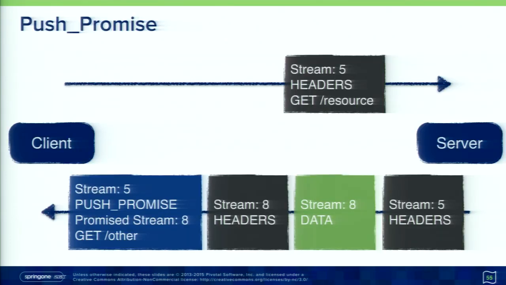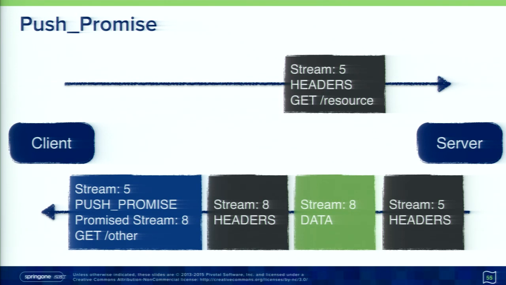So HTTP2 push promises work basically like this. Whenever the client sends a request for a resource, here stream 5, the server can decide that the client will need another resource, like /other.